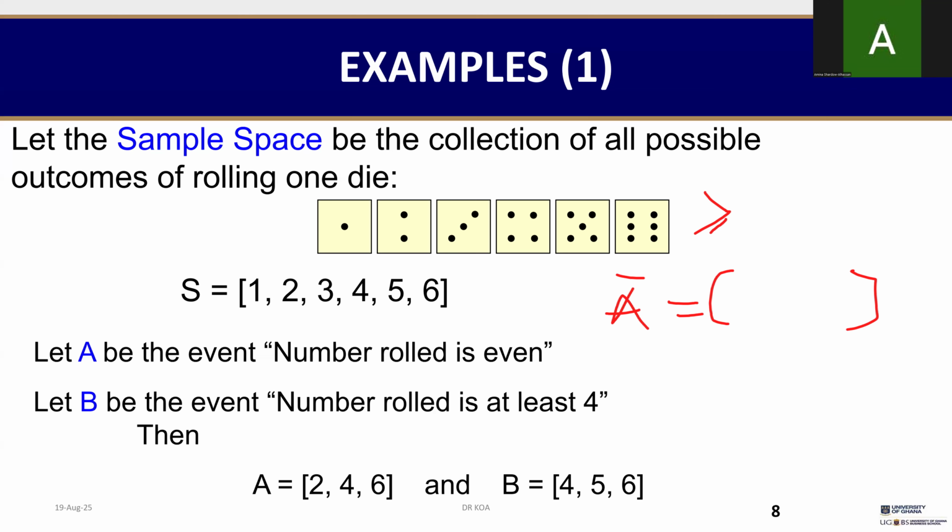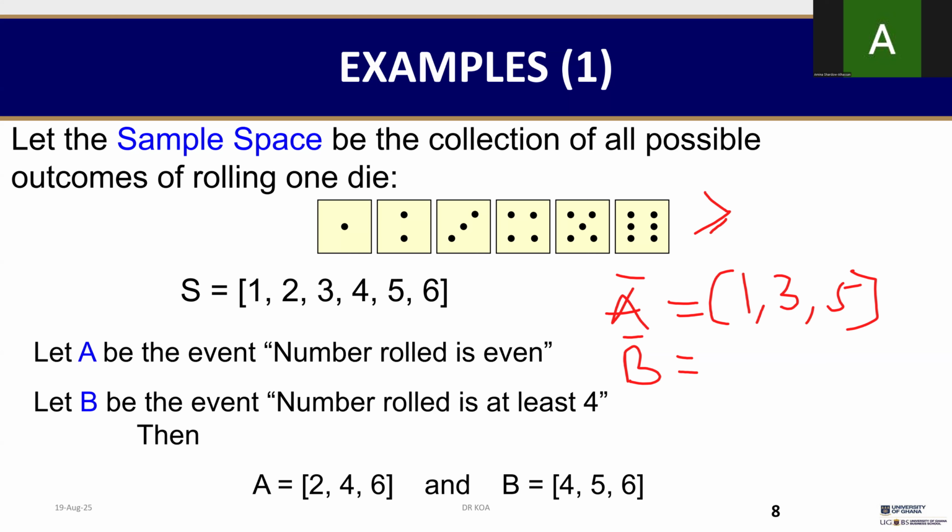Amina. 1, 3, and 5. Why? Because the sample space S is 1, 2, 3, 4, 5, 6, and the set A is 2, 4, and 6. It means that 1, 3, 5 cannot be found in the set A, but can be found in the sample space. Very good. So the complement of A is 1, 3, and 5.